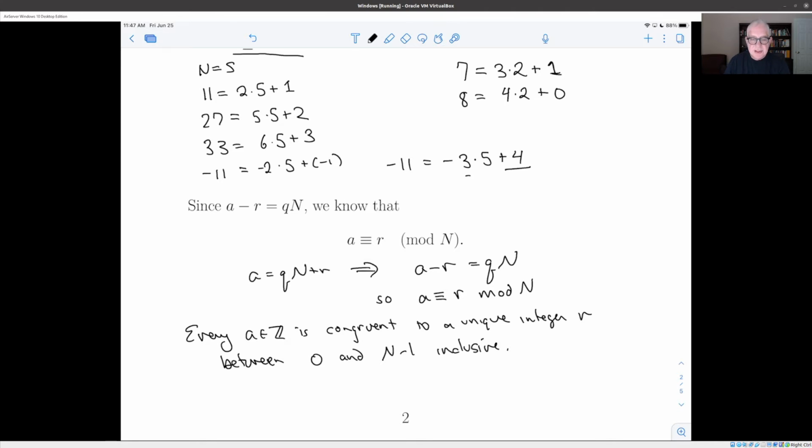In other words, there are only n possibilities for the different congruence classes. If you take a number mod 5, it's got to be congruent to 0, 1, 2, 3, or 4. So there's only 5 possibilities because it's always congruent to its remainder when you divide by 5.